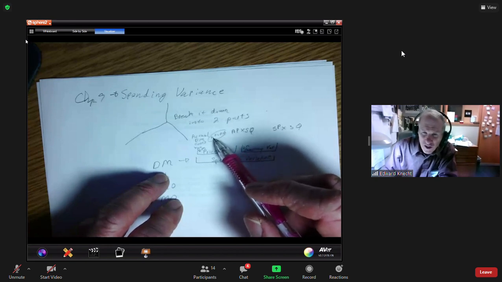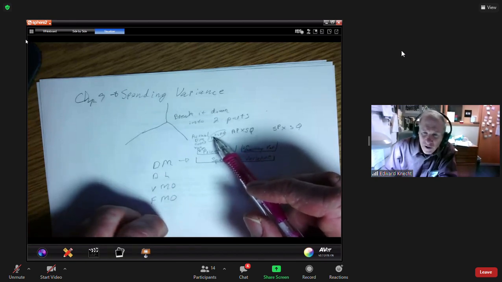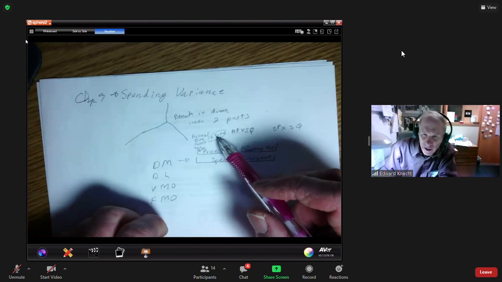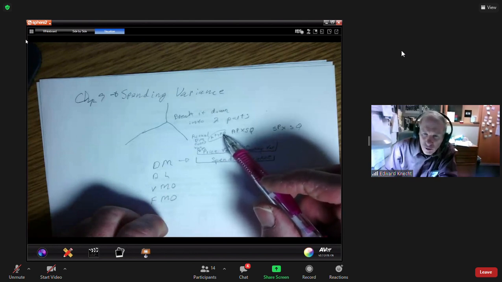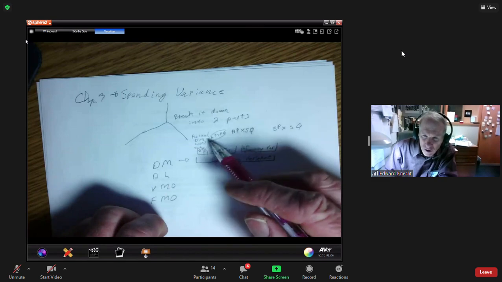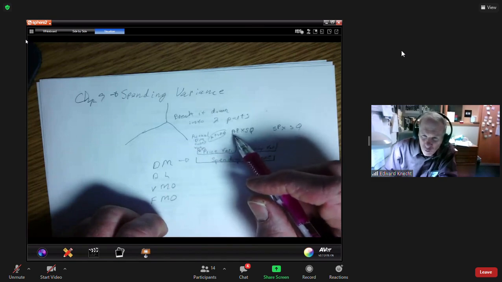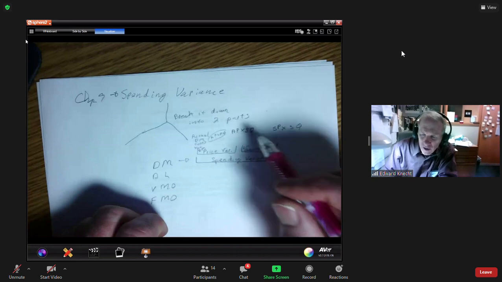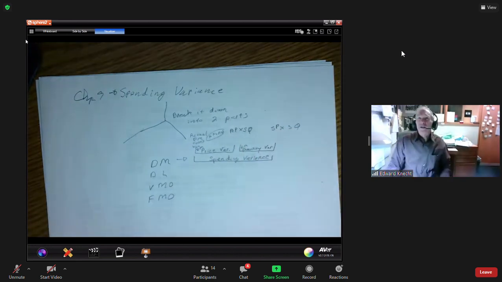You got it? Actual price times the actual quantity. So if it's costing us $1 per pound of materials and we're buying 10,000 pounds, then the total cost for direct material is 10,000. The actual price is $1, and the standard quantity that should have been used in production was 9,000 pounds.